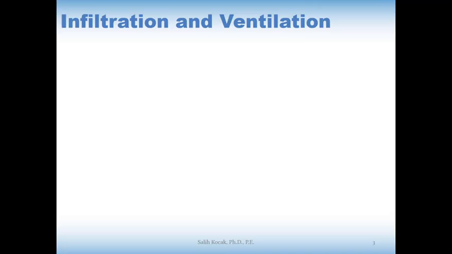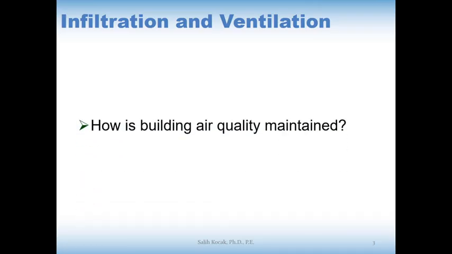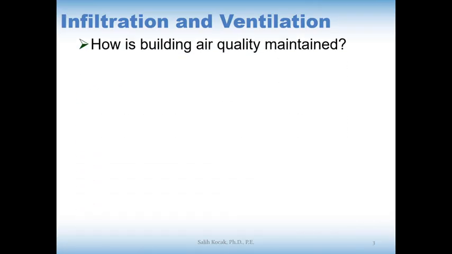Before making an explanation about the differences between infiltration and ventilation, I have just a few questions that can make it better for us to understand why infiltration and ventilation are important in this topic. So I have a question here: how is building air quality maintained?